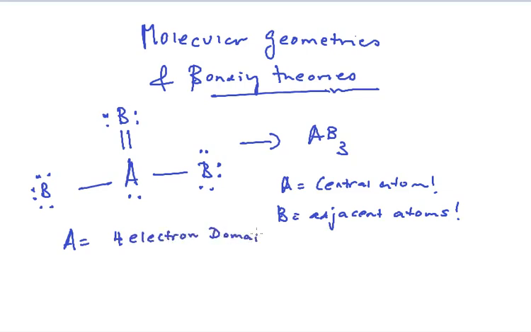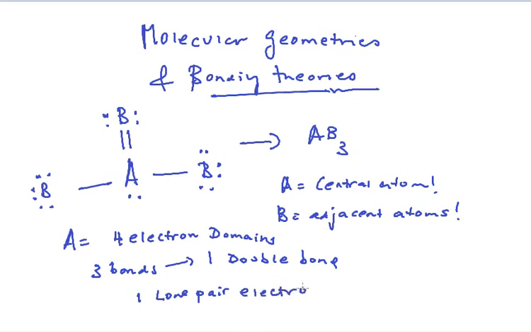Four electron domains means you have 3 bonds, out of which one is a double bond, and you have 1 lone pair of electrons. The lone pair is actually this one right here. So you have 4 electron domains.